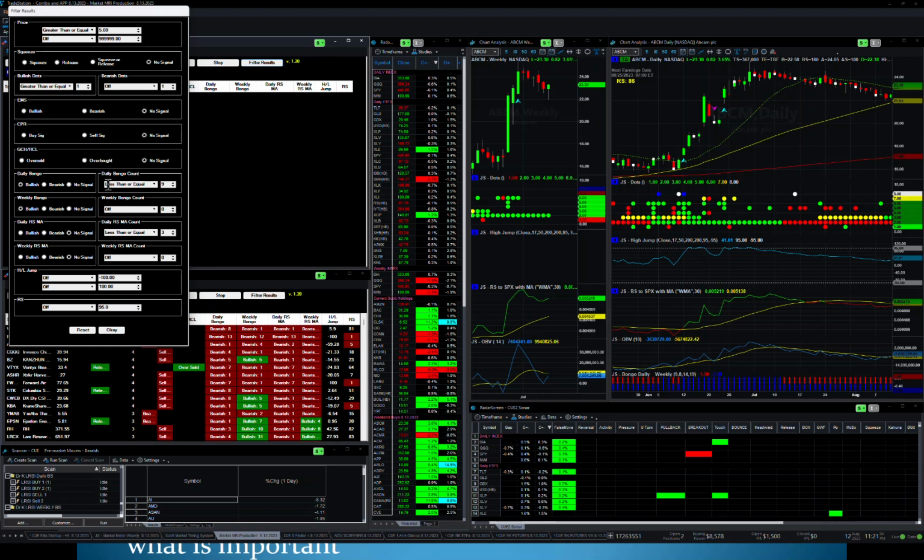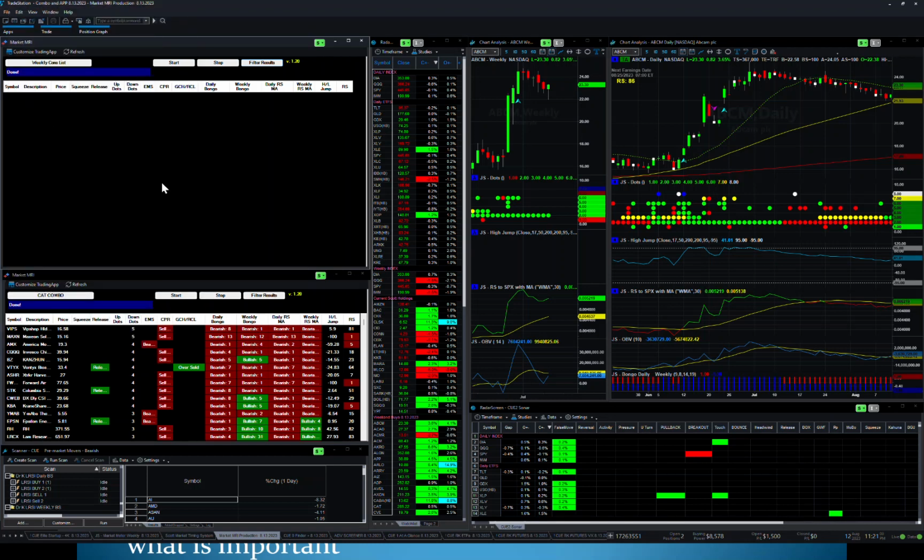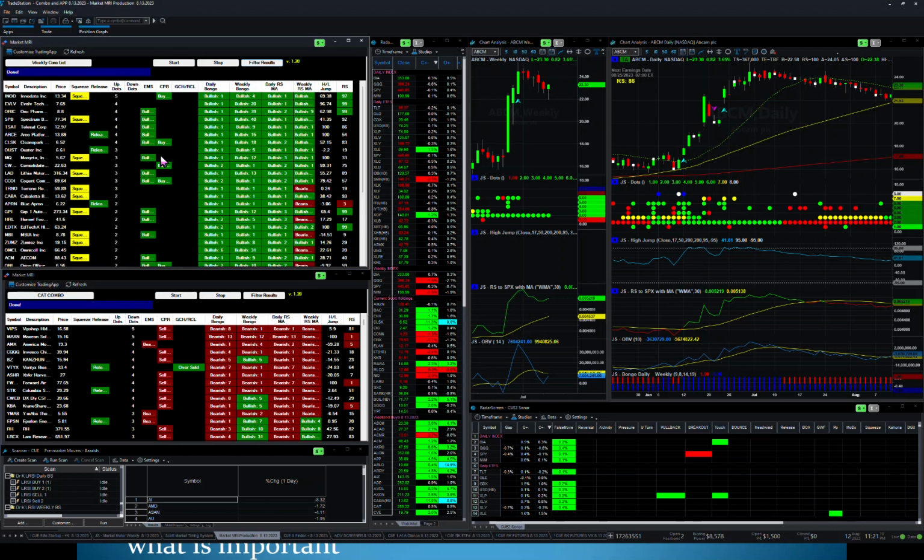Bullish less than or equal to 9, bullish. Okay. There you go. So all of these stocks are going to have, we took off the CPR and the EMS. So some may have one or the others, and some will have both.